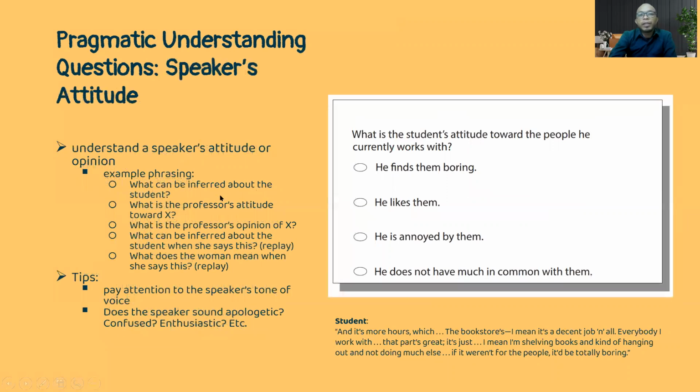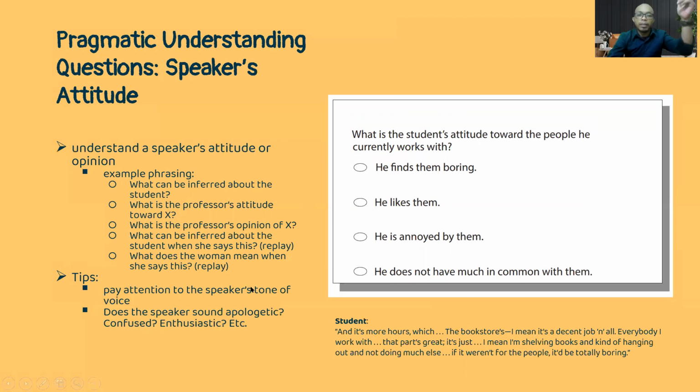Okay, now, the speaker's attitude question is, as the name suggests, asking if you can understand a speaker's attitude or opinion. Here's an example. What is the student's attitude toward the people he currently works with? Okay, so attitude here means opinion or feelings. So that's an example of the phrasing, but there are some other different phrasings. And the strategy for this is to pay attention to the speaker's tone.